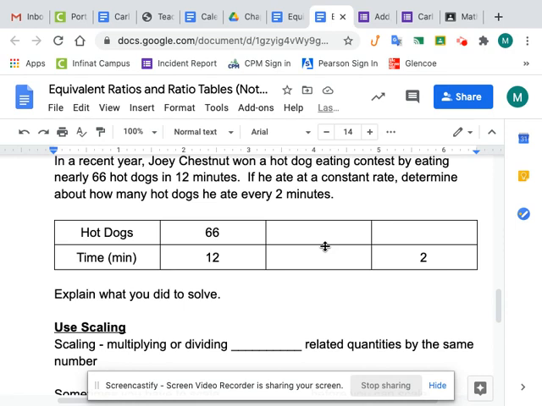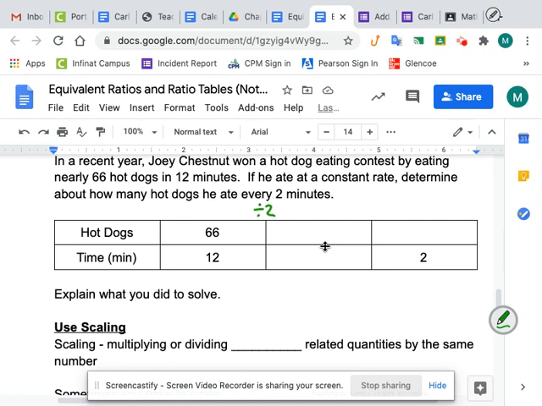I need to figure out what numbers I could put in here to make it so the rate is still equivalent. Something you can always do, especially if they're even numbers, is divide by 2.